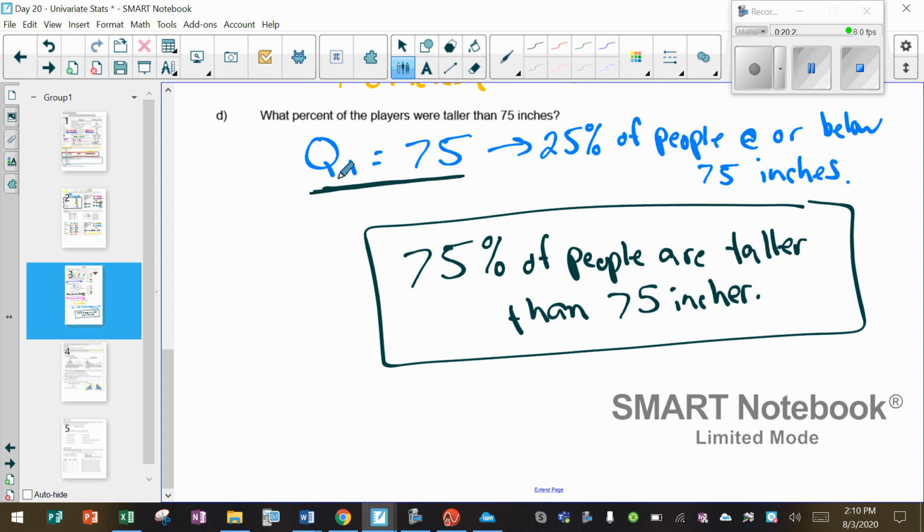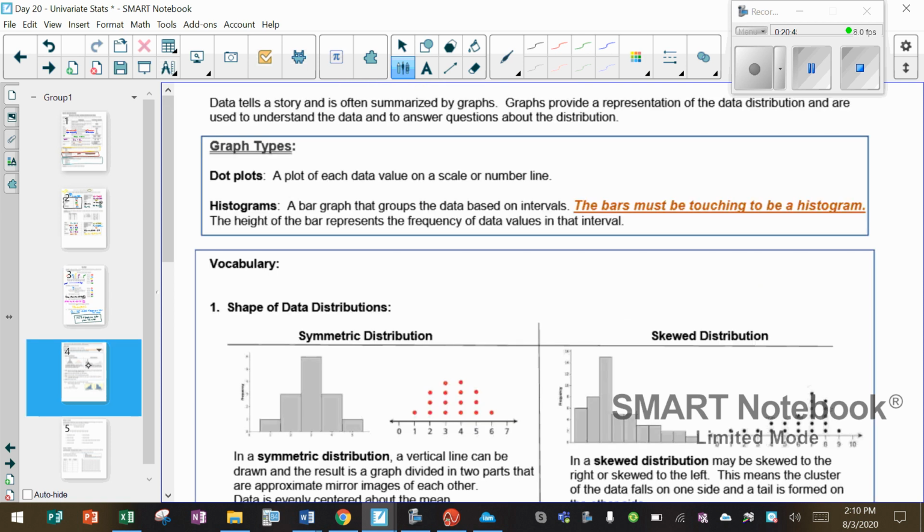Okay, Q1, the first quarter, 1/4 is 25 cents, which is 25%. So 1/4 of the people are 75 inches or shorter. That means 3/4 of the people, or 75%, are taller than 75 inches. All right, we're doing well, doing well.